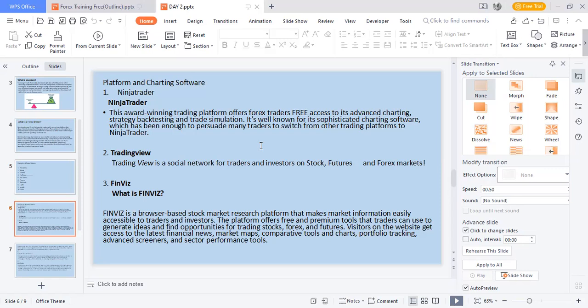In fact, I buy their packages because I do some things on it. Now, I've tried Finvix, but I'm not used to it. Probably maybe I'll get used to it, and it will go well for me. NinjaTrader, I've tried them too, but I still prefer TradingView.